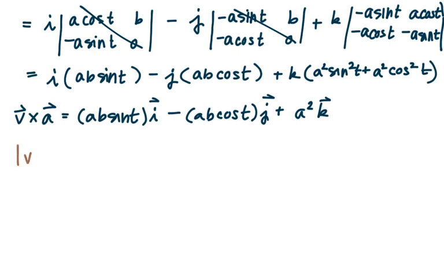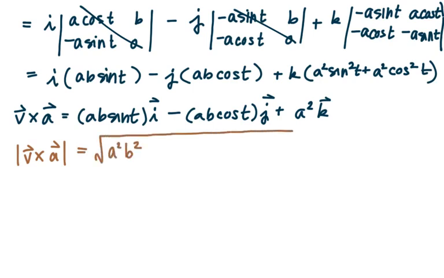The magnitude of v cross a is going to equal the square root of a squared b squared sine squared t plus a squared b squared cosine squared t plus a squared squared, which is a to the fourth.